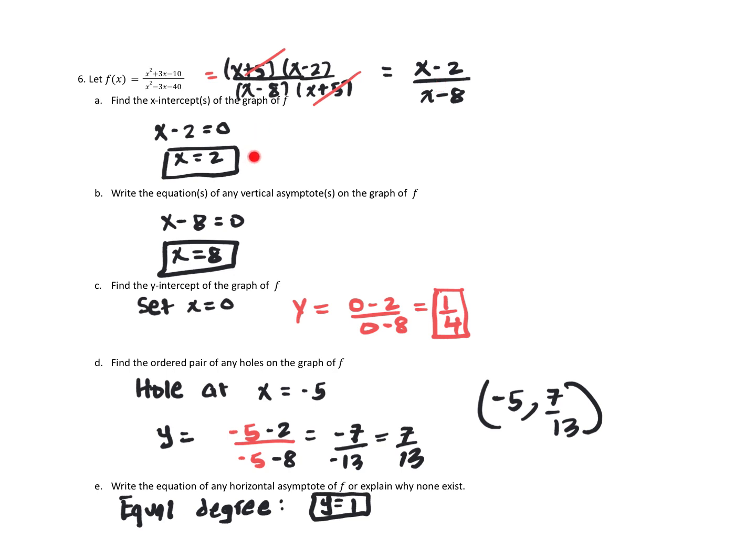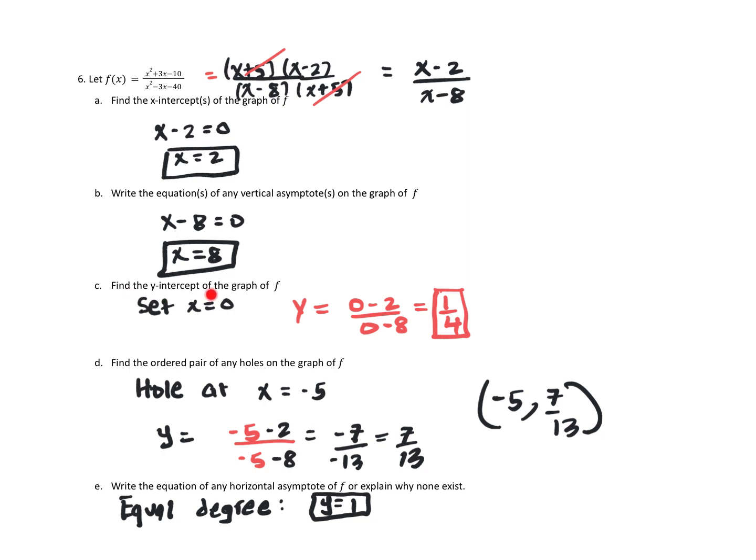Then I can proceed. To get the x-intercept, I need to set the numerator, whatever was left, to 0 and solve it. So the x-intercept, or the zero, is x is equal to 2. Now, to do the vertical asymptote, I need to check the denominator. So whatever was left, x minus 8, I make it equal to 0 and solve.